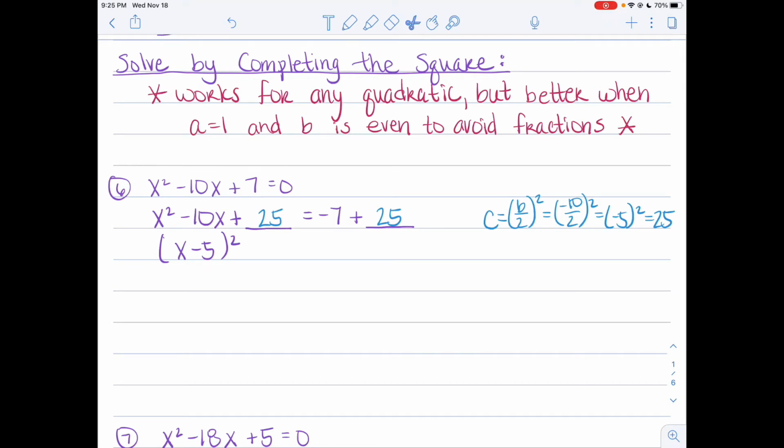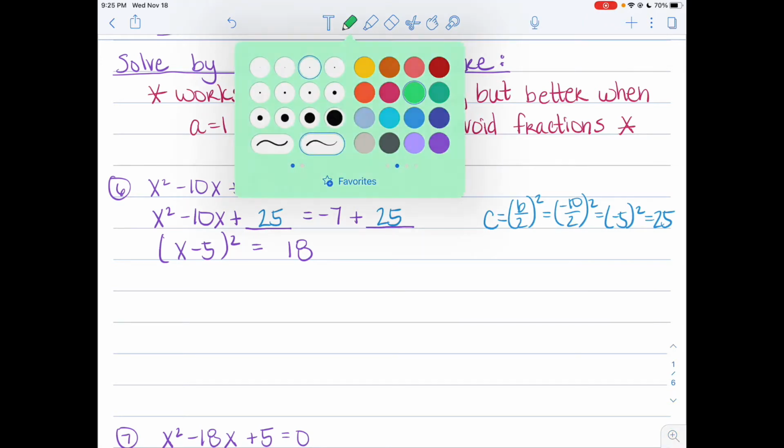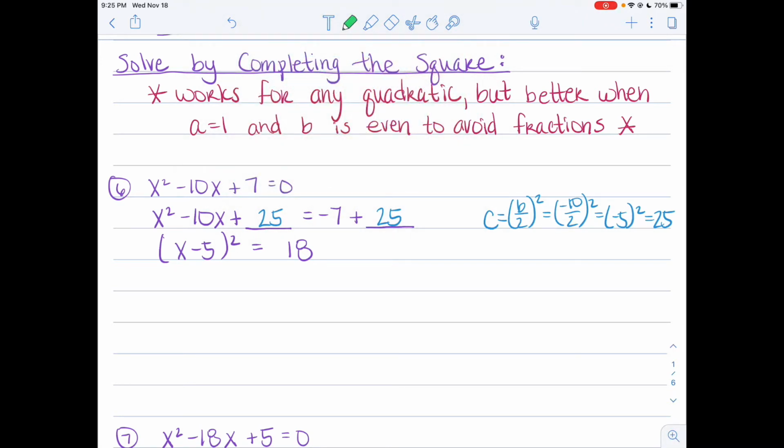So that takes care of this side. I've written it in factored form. Now on the other side, I simply need to do this addition. Negative 7 plus 25 is going to give me 18. At this point, I am at the point where I can take square roots to solve. I'm back to a simple solve by square roots problem.